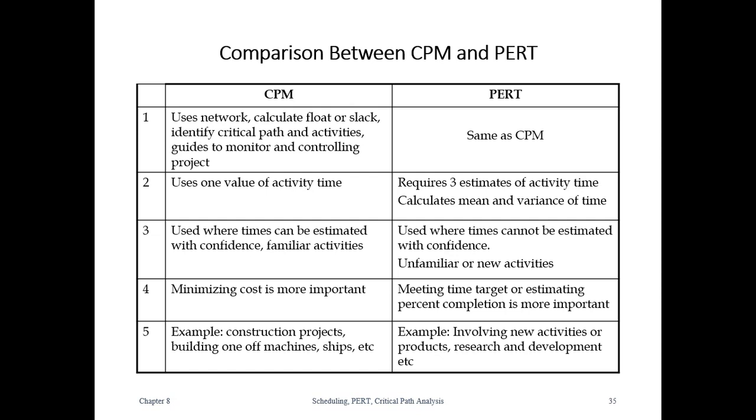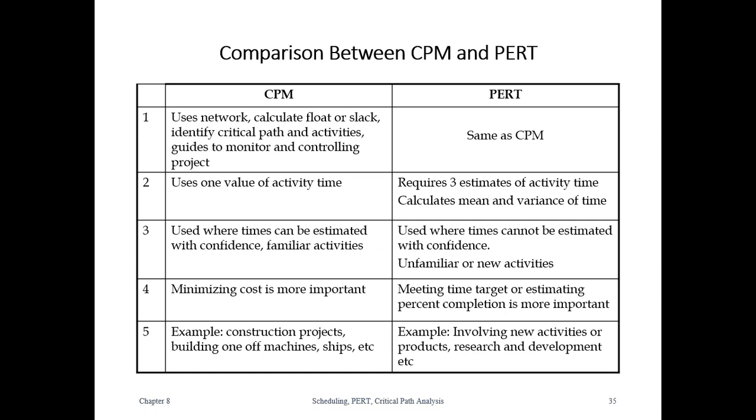For example, what is the probability that a particular project can be completed in 24 months? We can say whether it is 90% or 95% or something. But in the case of CPM, we can surely say that this project will be completed within 45 days, since we are certain about it. So this is the main difference between CPM and PERT.